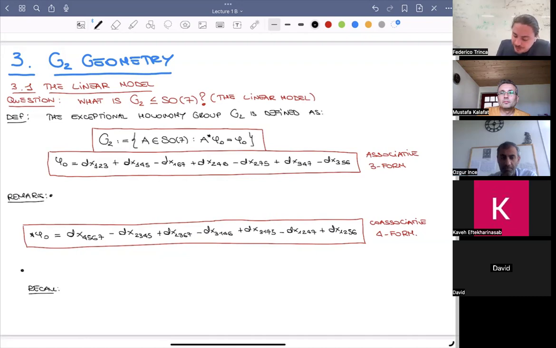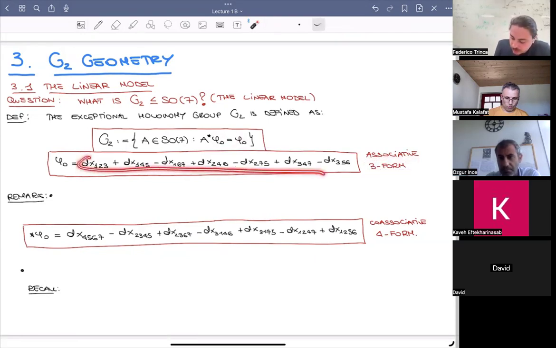G2 is the subgroup of SO(7) which preserves the 3-form, this phi0 here, called the associative 3-form, which has the following form: dx1 wedge dx2 wedge dx3 plus dx1 wedge dx4 wedge dx5 plus minus and so on. This is not a very nice form, you can already tell.